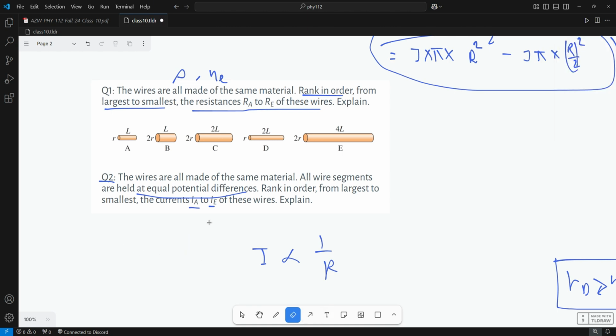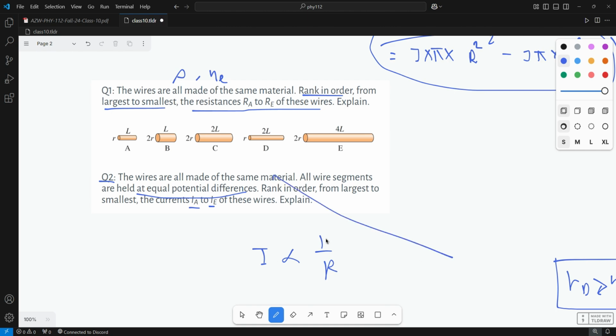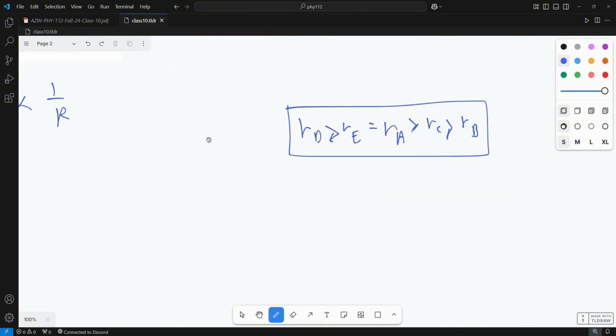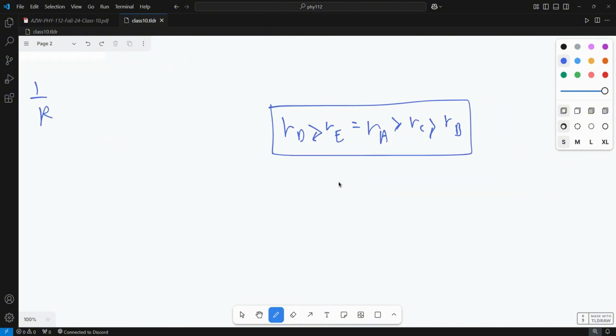So the order of current will be just opposite to this, which is ID is smaller than IE equal to IA, then IC, and the largest being IB, which has the lowest resistance of all.